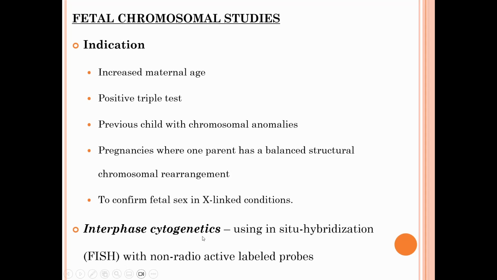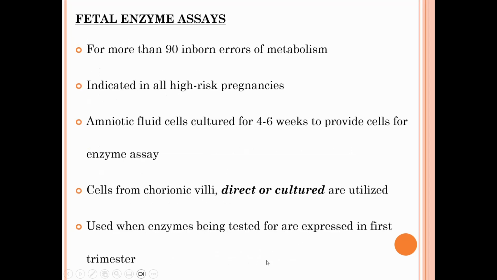Then there is interphase cytogenetics. Here you are using FISH, that is fluorescence in situ hybridization with non-radioactive labeled probes. Fetal enzyme assay for more than 90 inborn errors of metabolism is done, indicated in all high-risk pregnancy. Amniotic fluid cells are cultured for 4 to 6 weeks to provide cells for enzyme assay.